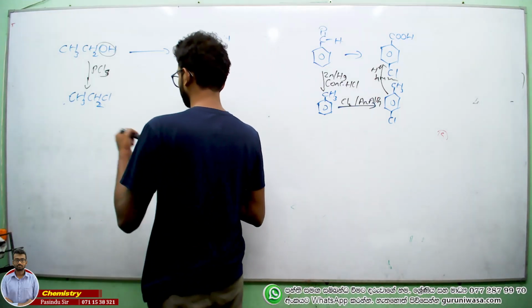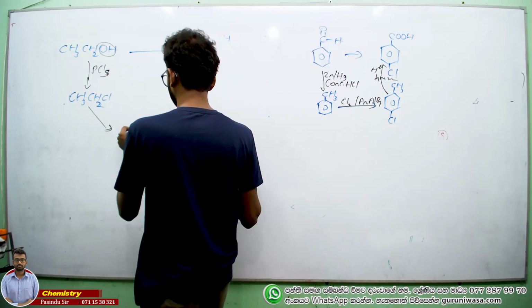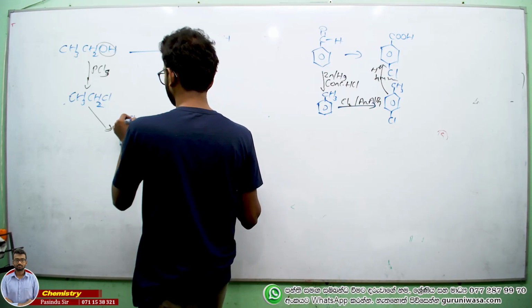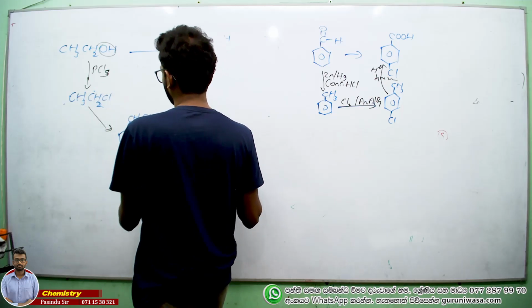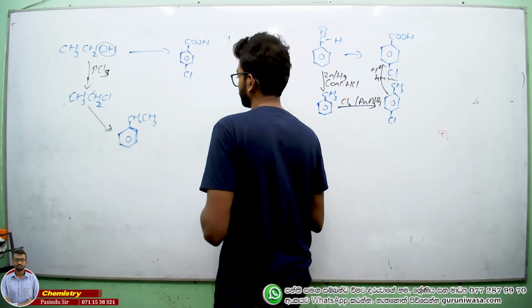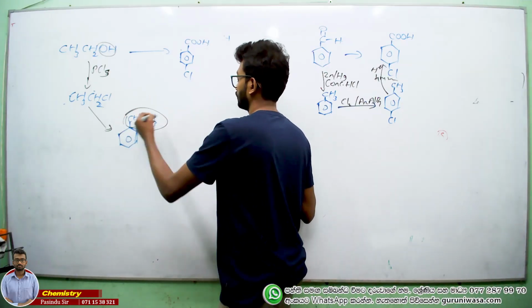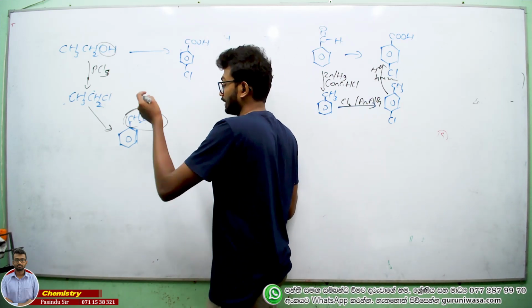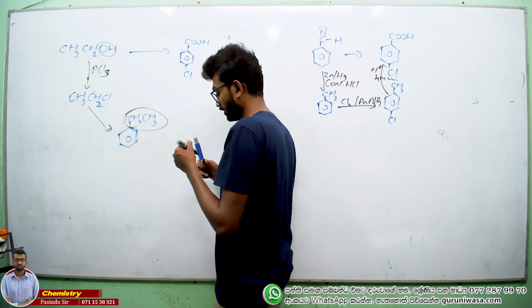Then you can add this group into benzene. Then you can obtain CH2CH3, right? This carbon bonded into benzene, right? Now you have this structure. So this group is an orthopara directing group. Therefore, if you add any second group, that second group goes into this position mainly, right?